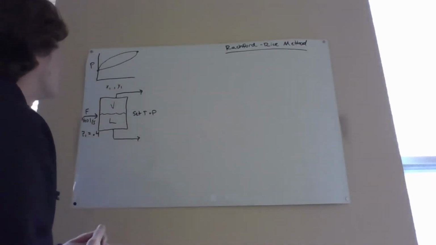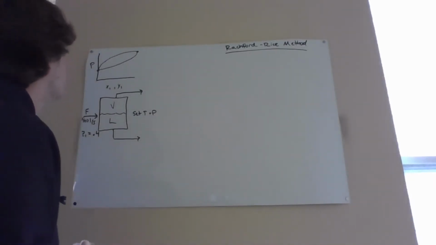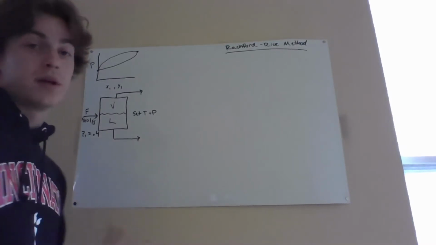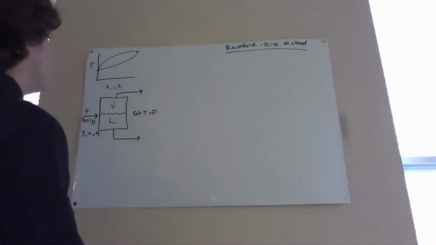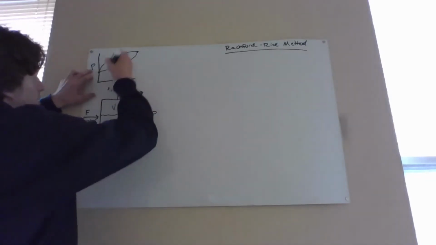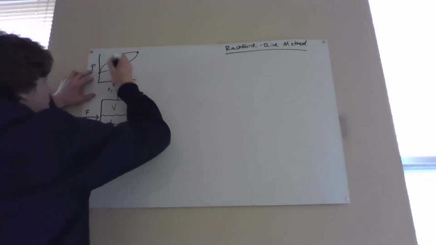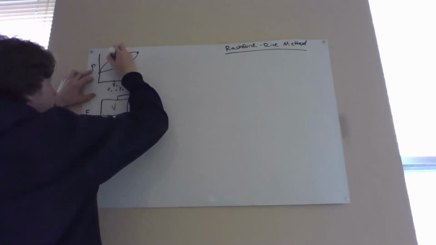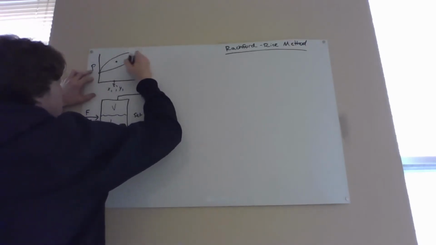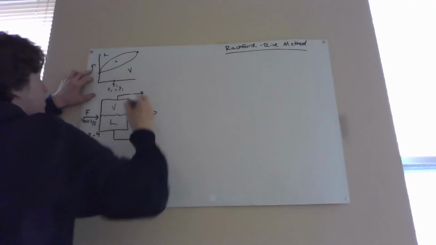We're first going to take a look at the bubble and dew pressure graph that we created in the last part of this video. For flash calculations, we will be somewhere in between these two curves. Down here we have all vapor, up here is all liquid.